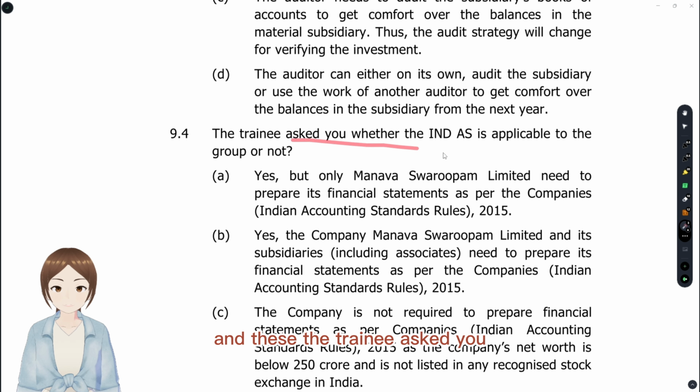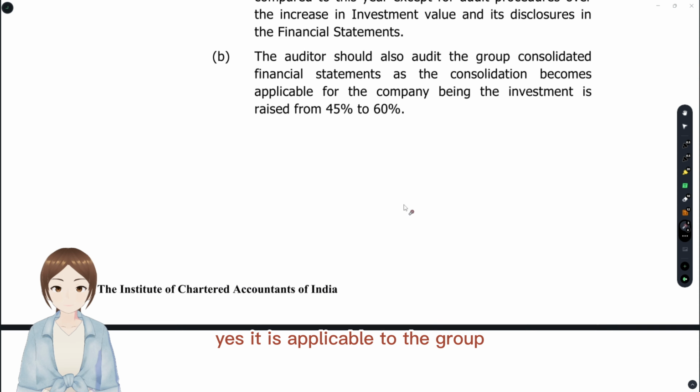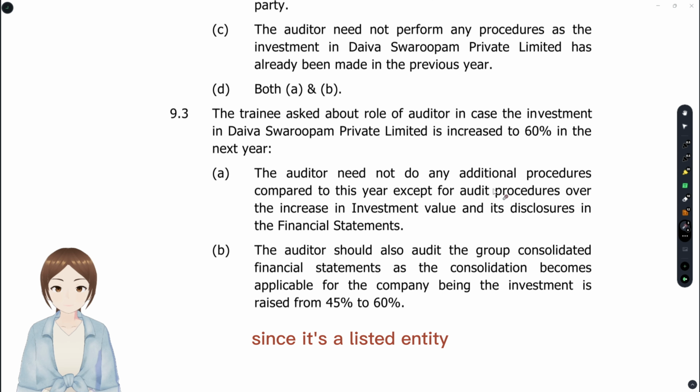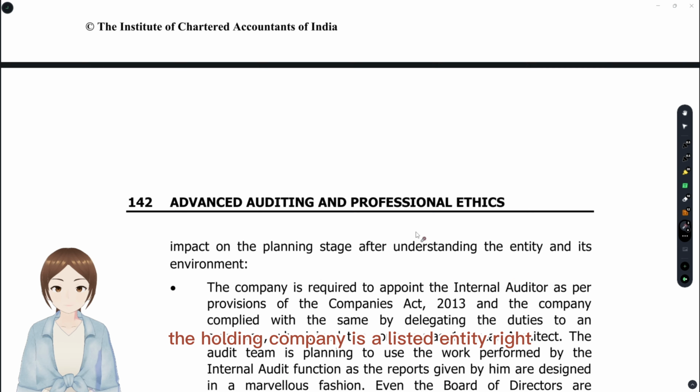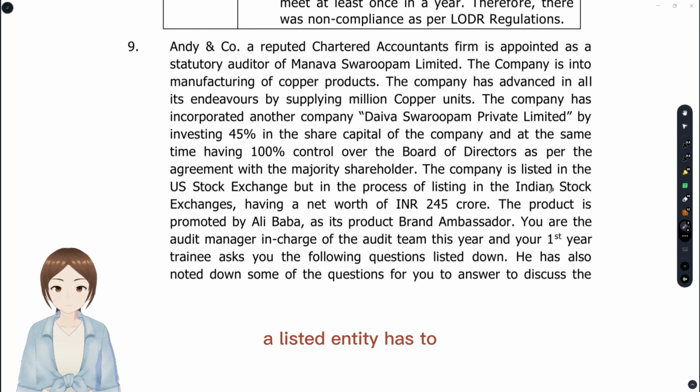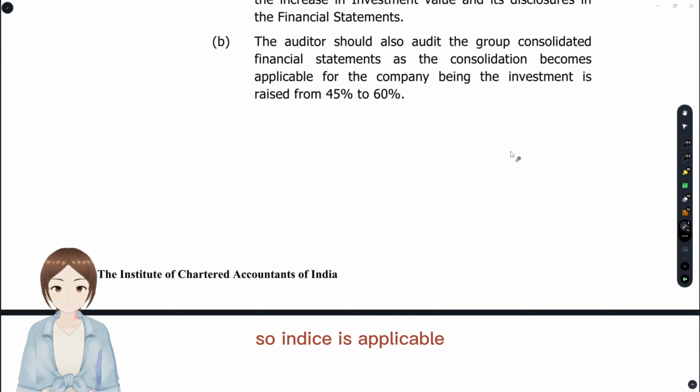And D, the trainee asked you whether Ind AS is applicable to the group or not. Yes, it is applicable to the group, since M Limited, the holding company, is a listed entity. A listed entity is a company listed on a stock exchange, whether in India or outside India. If it's in the process of listing on an Indian stock exchange, it's a listed entity, so Ind AS is applicable.